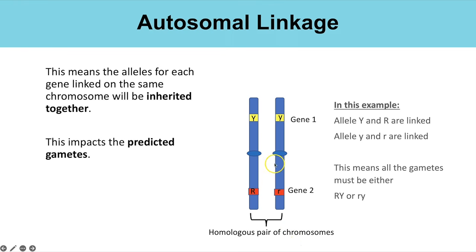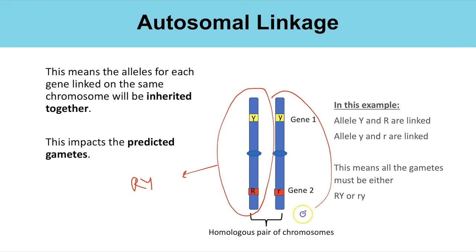And that means we can't actually make 4 possible gametes now. We can only make 2 possible gametes, because in meiosis, when these homologous pairs are separated, this will go on to make 1 gamete, which will have to have the capital R and the capital Y, and this chromosome will go on to make another gamete, which means that one will always have lowercase r and lowercase y.